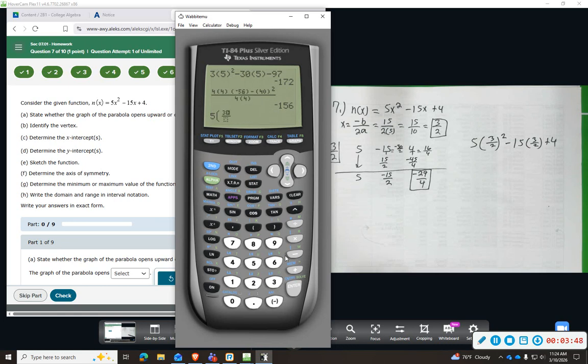And then we'll do 3 divided by 2. So doing it this way, it will go ahead and put it in fraction form for me, since I'm entering it that way. Minus 15 and another 3 over 2. And then plus 4. Enter, and we get negative 29 over 4, so it does work out.